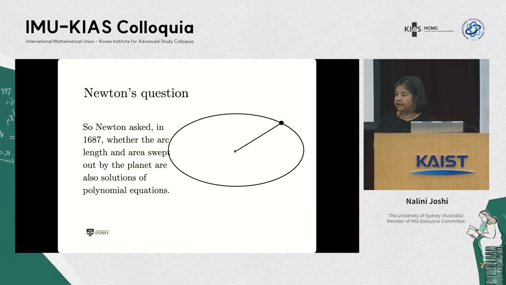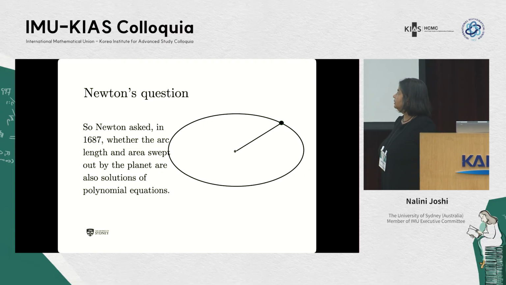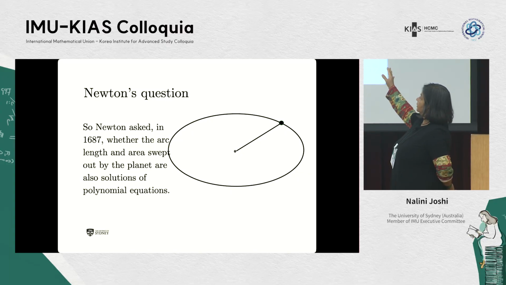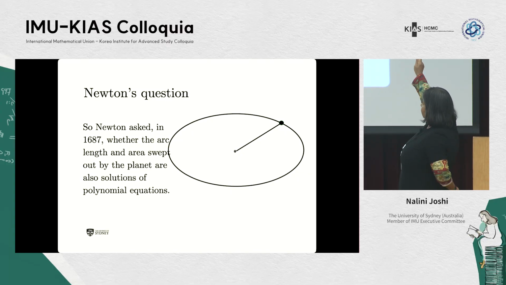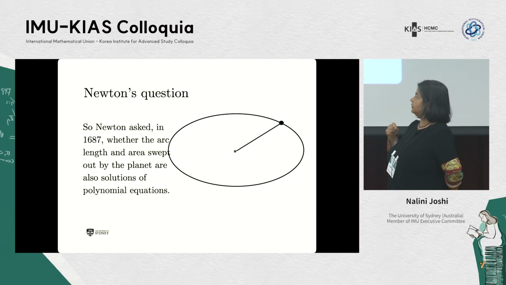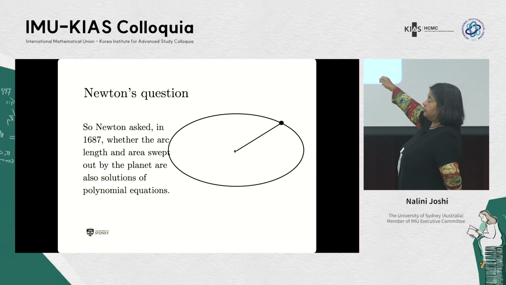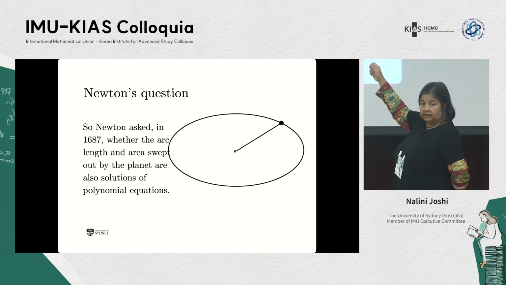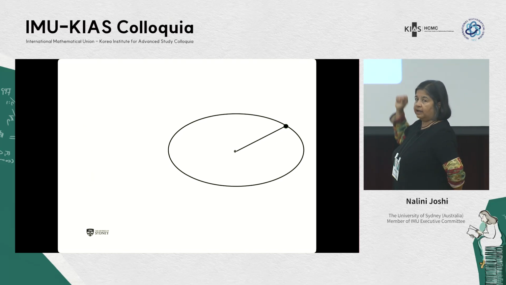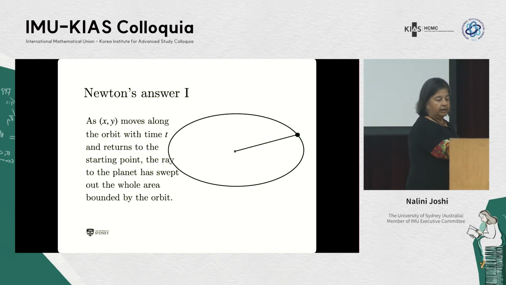The argument he gave, which is explained by Arnold in his Notices article, is that as x, y moves along the orbit with time, and we return after a year of rotation around the sun to the starting point, then the ray would have swept out the whole area inside the ellipse, or the whole arc length of that orbit.